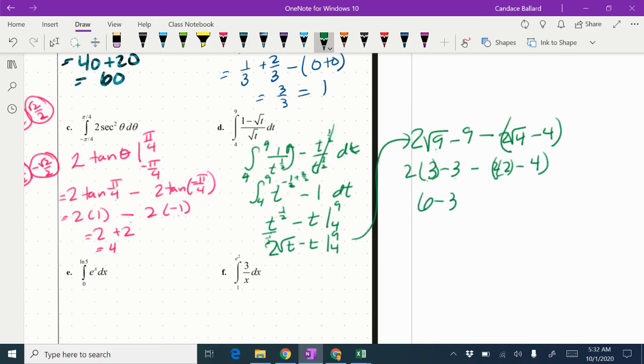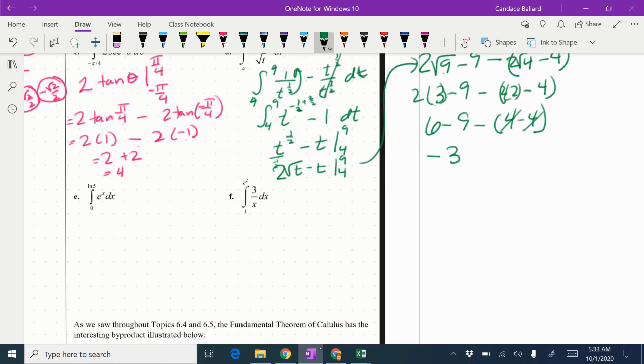So I have 6 minus 9, minus 4 minus 4. That's going to zero out. What happened? Should have been a negative 9. I made my 9 a 3. So 6 minus 9, which is negative 3. I think we finally got it.